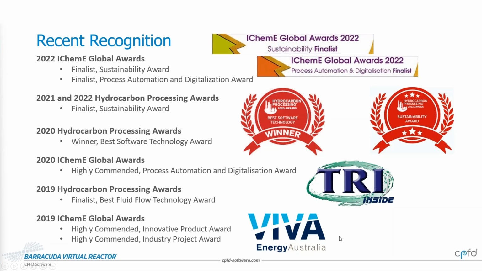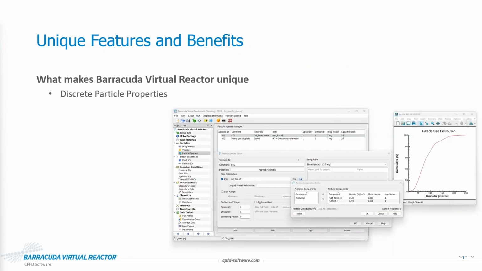It was actually in the renewable space with TRI working on gasifier, turning municipal solid waste into jet fuel. We'll talk more about that in a moment. 2020, we were also the winner of the Best Software Technology from Hydrocarbon Processing Awards. And in the last 2 years, there's been a recognition of the shift towards sustainability applications and the impact we're making together with our customers in bringing these much needed technologies to market quickly.